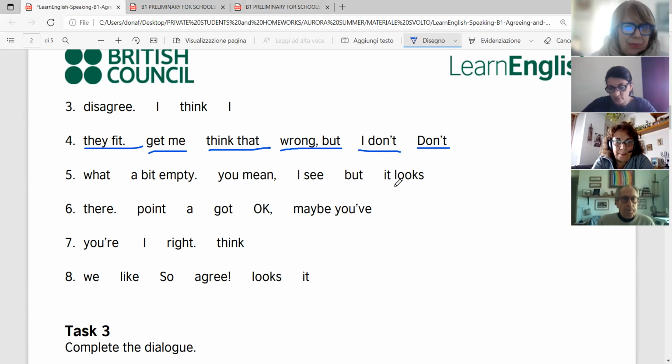Ok, Carlo. Sì. La numero 5, Carlo, ok, vediamo se riusciamo a farla.